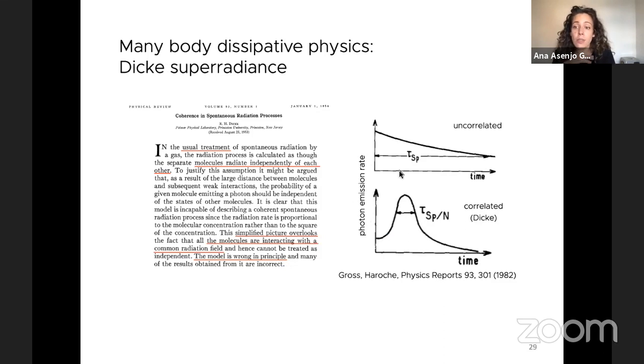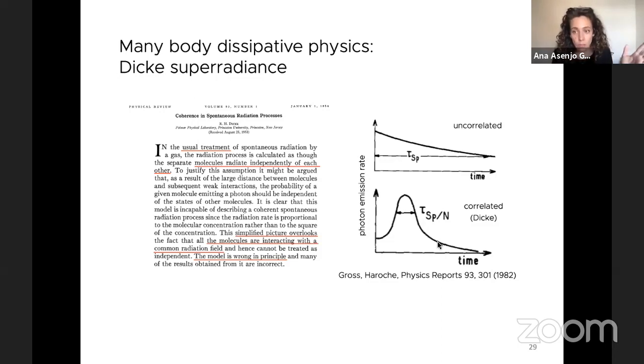If the atoms are uncorrelated, not interacting with each other, you would expect the intensity to be radiated in an exponential manner. But because of interactions, what happens is the process of superradiance, where as atoms start decaying, they synchronize and build up a huge dipole that radiates energy in a burst. This is the superradiant burst that shows as a peak here in the radiated photon emission rate.